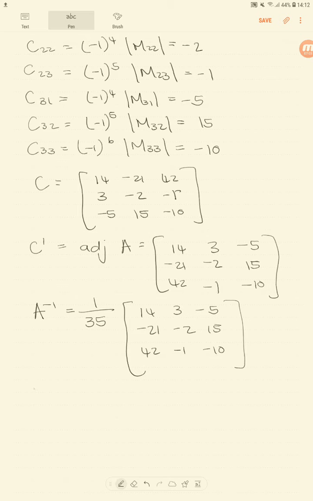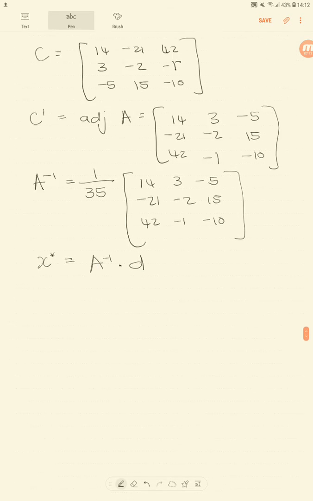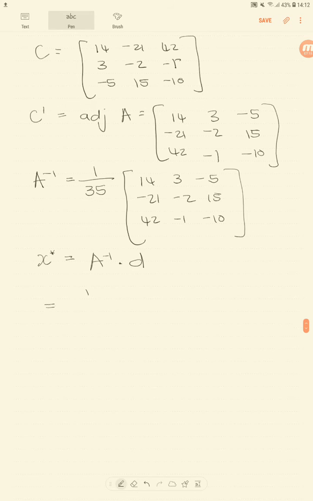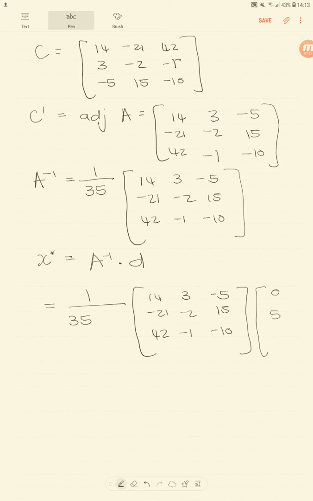If we want to solve for X, we need to take the inverse of matrix A times D. The inverse of matrix A is 1 over 35 times 14, 3, minus 5, minus 21, minus 2, and 15, 42, minus 1 and minus 10, times D, which is 0, 5, and minus 4.